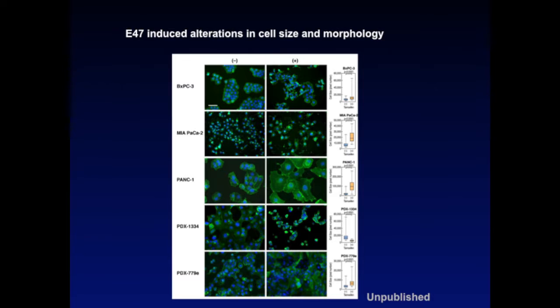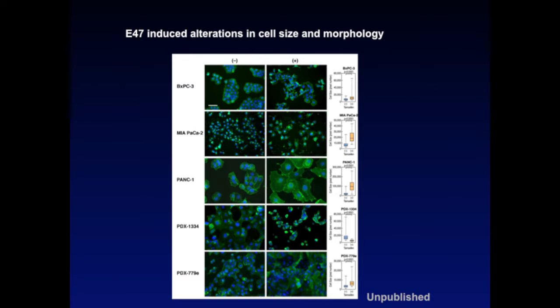And we think that we're seeing some SA beta gal due to the slight leakiness, even in the lines where we haven't induced the E47. If the vector's there, even a small amount of leakiness may be causing some of these issues. Nevertheless, when we induce E47 activity, the SA beta gal increases.